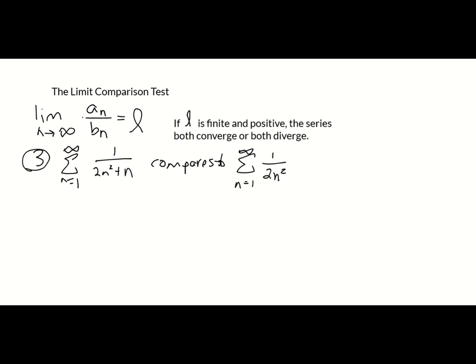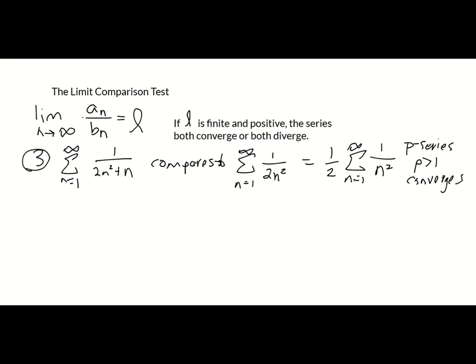We deleted the plus n on that polynomial. We know that series would be the same as 1/2 times the series from n equals 1 to infinity of 1 over n squared. This is a p series. Our p is greater than 1 and it converges.